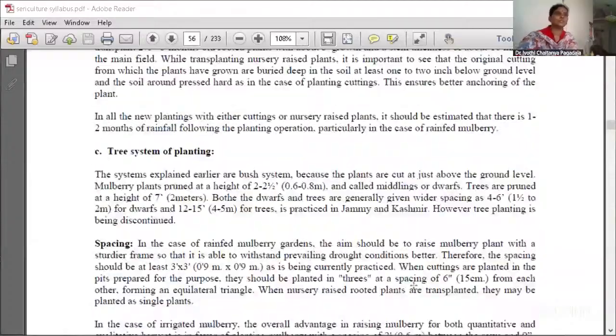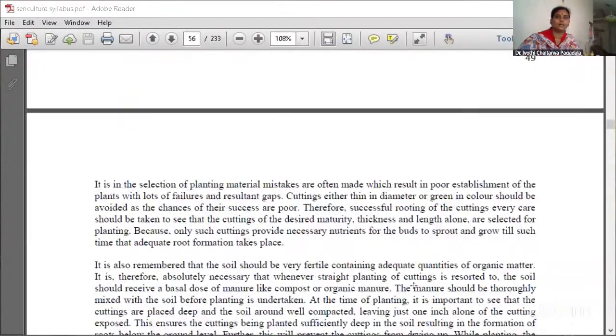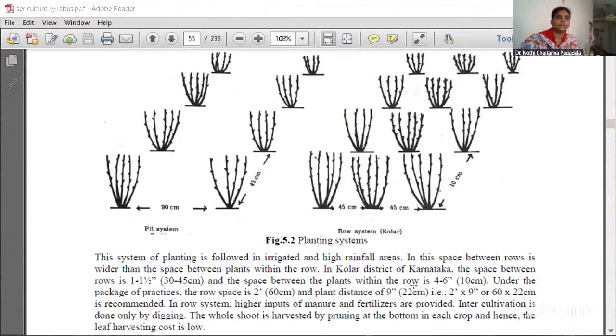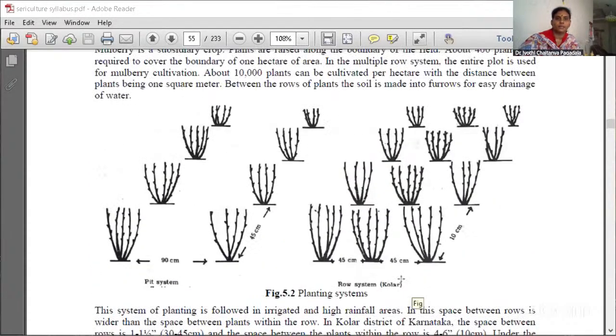Here you can see this one is a pit system and this one is a row system.